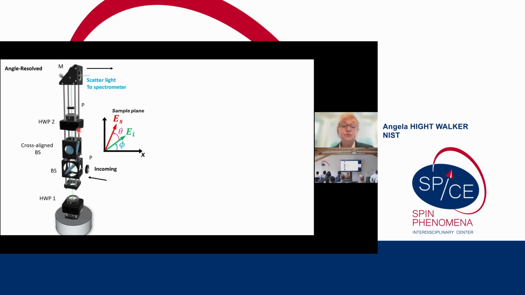And those 2 half-wave plates are actually on rotators. You're able to control and do a full rotation on those, and they allow us to do these sort of 2D polarization maps, which I'll show you pictures of. These 2 optics give us, of course, the angle-resolved Raman.